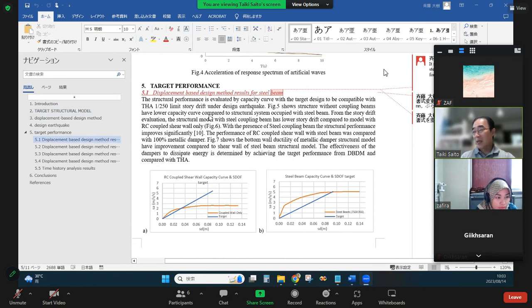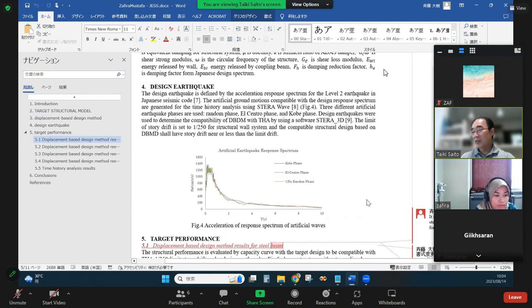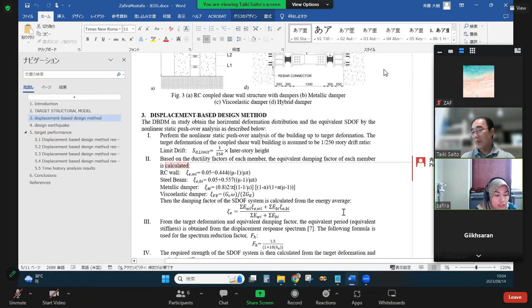My idea is to start from the coupled wall with steel beam, so you obtain this figure based on displacement-based design. You can explain step by step how to obtain this figure following this procedure. Okay, understand.